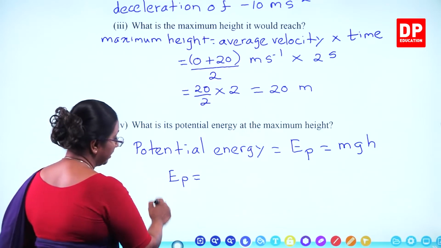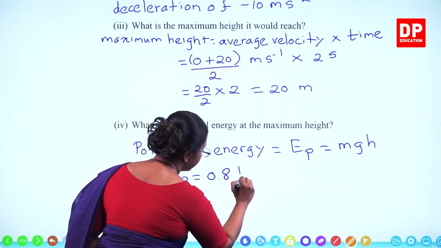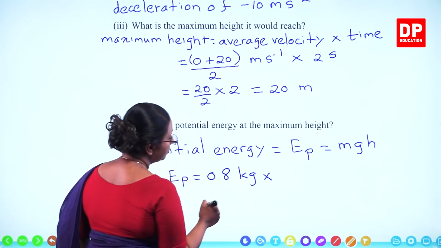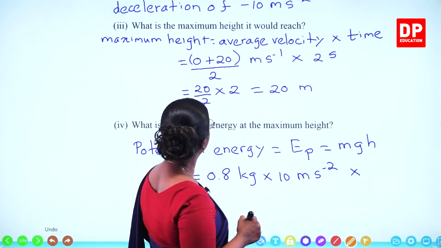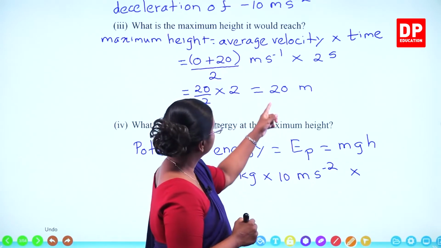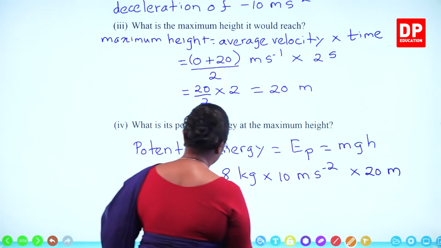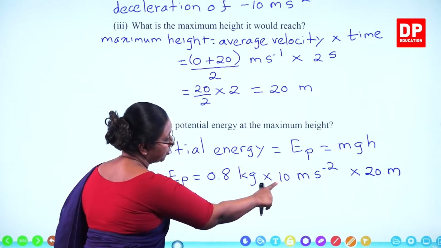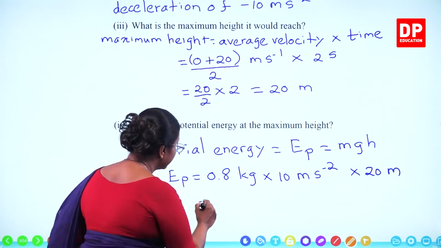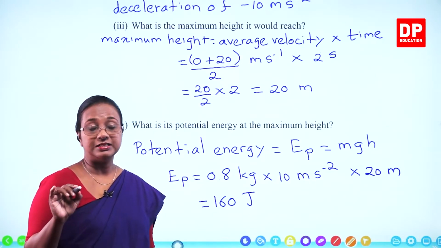So there, we need to calculate potential energy, E potential, 0.8 kilogram into g is 10 meters per second squared, and the height, we calculated the height as 20 meters. So that is what we have calculated here, 20 meters. So then, if we calculate the potential energy, 0.8 into 10 into 20, that is going to be 160 joules. Is that clear to you all?